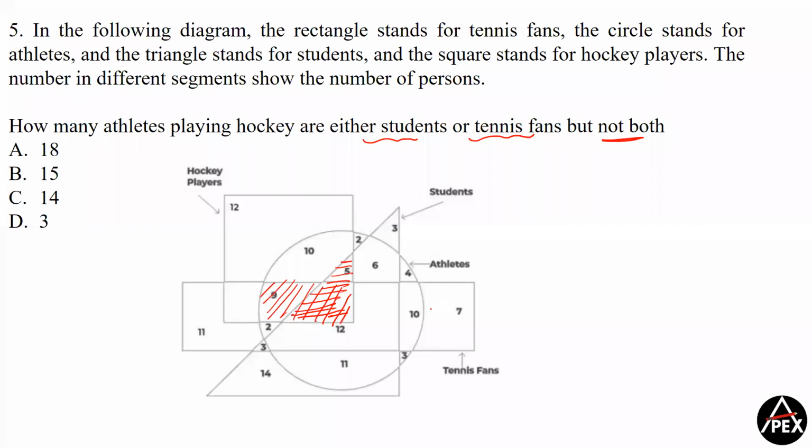Now do we have any students who are hockey players, students, and tennis fans? No, isn't it? Do we have any number in this region? No. So the answer for this question should be 5 plus 9, 14. Now for example, if we have 1 here, then what will the answer be?